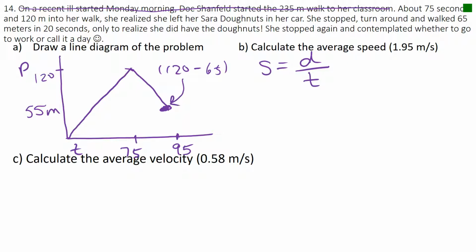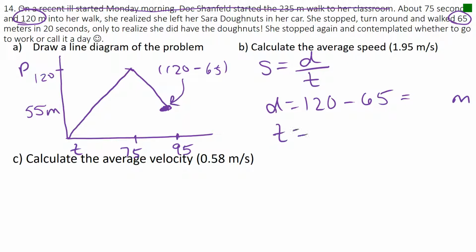So speed is equal to, oops, forgot. We have to do the distance that she walked. She walked 120 meters in 65 seconds. So 120 minus 65. We already really knew that. It's 55 meters.